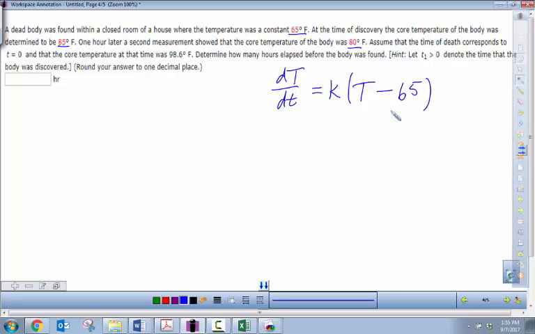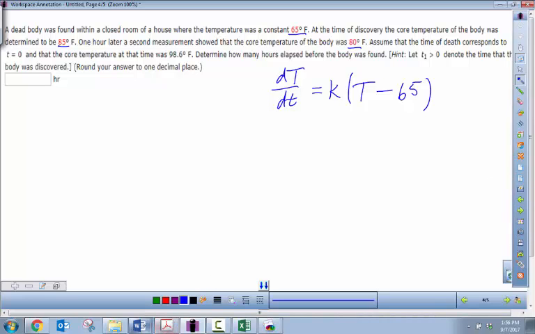Is this right? Yeah, that's right. And this is an exponential function. Do you guys remember what the solution was, so we don't have to go through it?